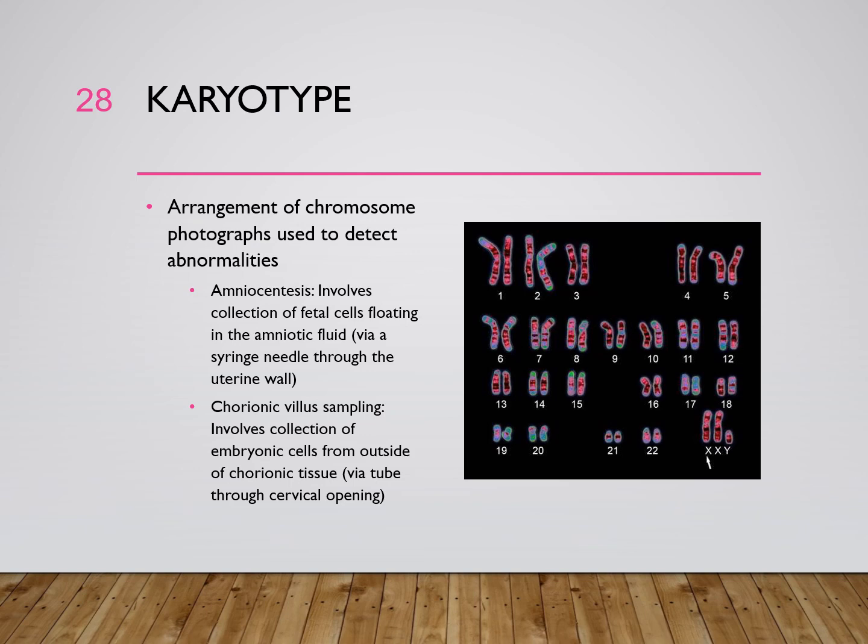Another way they can test the baby for genetic mutations is by chorionic villus sampling. That involves the collection of cells from outside of the chorion, which can be collected by a tube that they insert through the cervical opening.